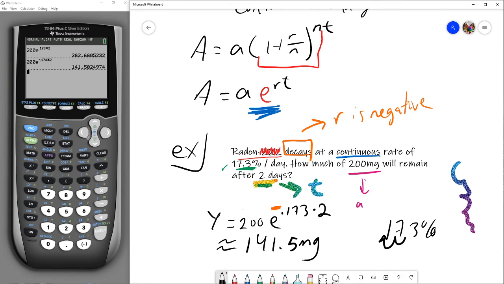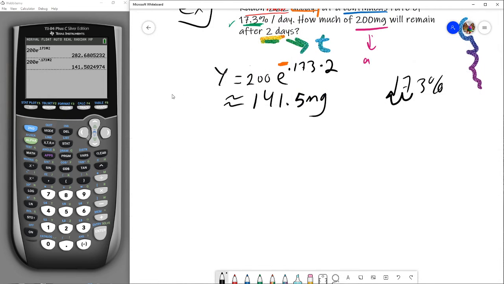So that is an example with radioactive decay. Alright, let's think of another example. Let's go back to finances.